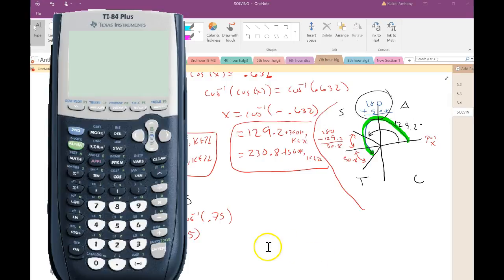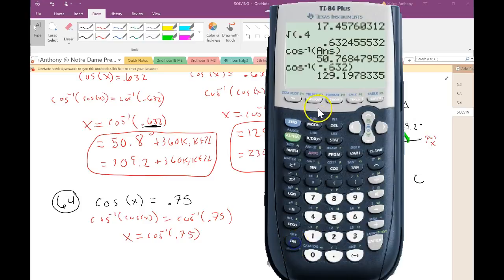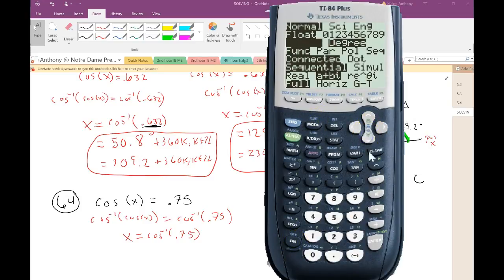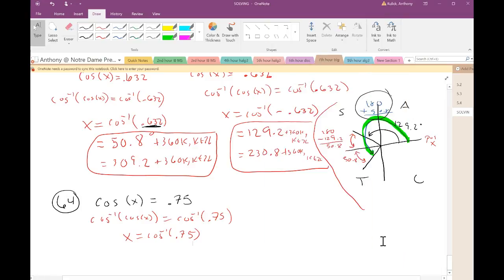What do I have to remember to do this time with my calculator, though? Yeah, we got to change the mode to put it into radian mode. So I'll do cosine inverse then of 0.75. And the answer I'm getting now is in radians, so it being a weird-looking decimal is perfectly fine. I'm going to do 3 decimal places here. Everybody okay there?